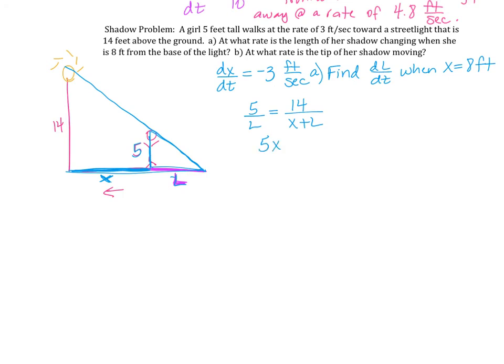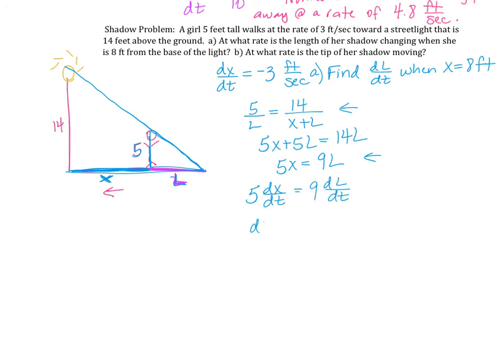So 5x plus 5L is equal to 14L. So 5x is equal to 9L. You could divide by the 5, you could leave it like that. I don't care which one, but the point is the derivative of this line is much easier than the derivative of that line. So 5 dx/dt is equal to 9 dL/dt.